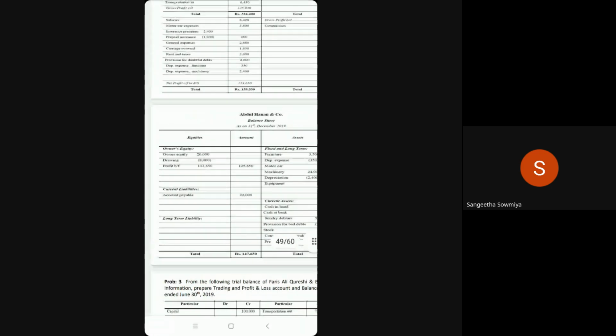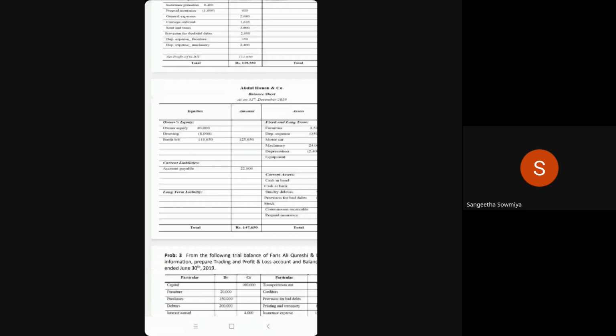Now you have to prepare the balance sheet, liabilities and assets. Liability side, capital, equity capital, you have to deduct drawings, and then you can add net profit. That is called closing capital. Current liabilities, accounts payable, creditors, all these things you have to write as current liabilities.